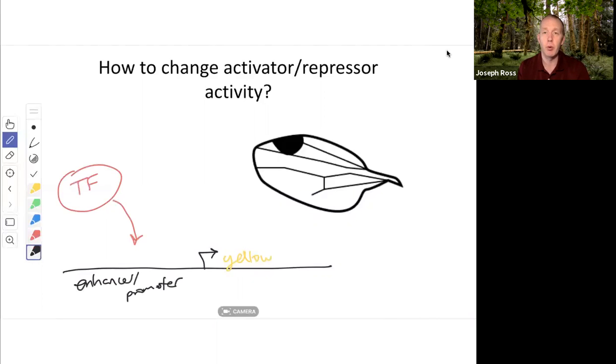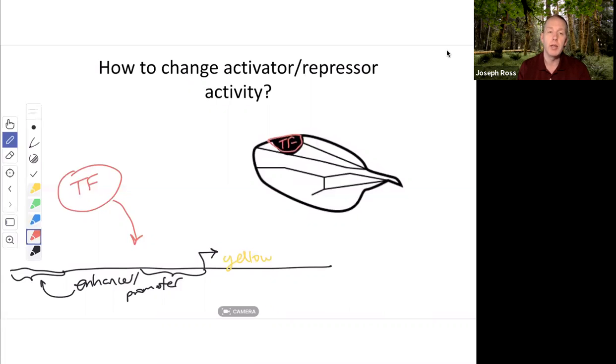Remember, enhancers and promoters are both DNA sequences. Promoters are near the transcription start site, and enhancers can be anywhere, upstream, downstream, perhaps even on another chromosome. So the transcription factors that regulate yellow expression might themselves be predicted to be localized to the wing spot.